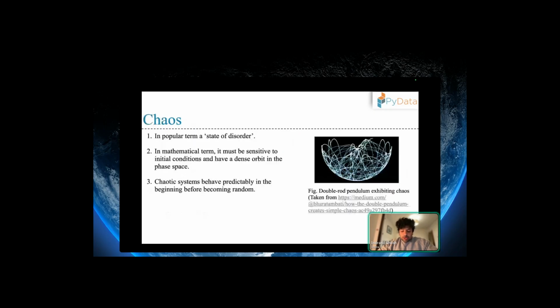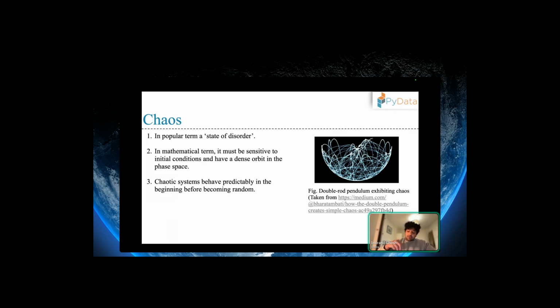Now, one particular aspect of dynamical systems that I'm quite interested in, and I got my PhD in, is chaos. In popular terms, chaos means a state of disorder, as the name suggests, right? It's pretty evident. But in mathematical terms, what it actually means is that the system is very sensitive to initial conditions.